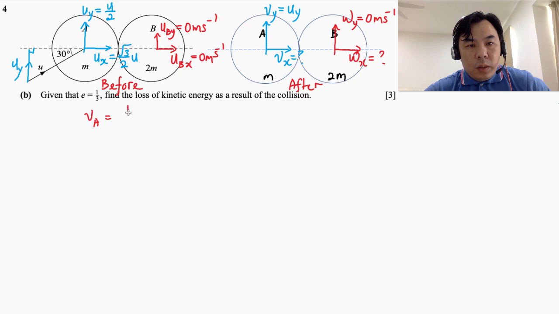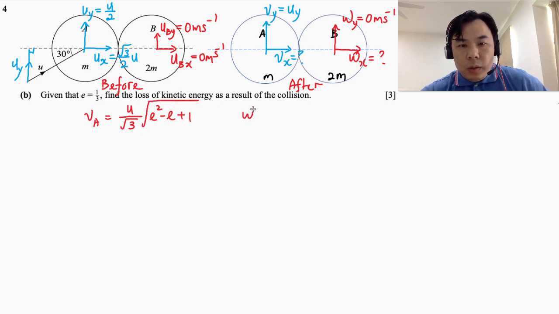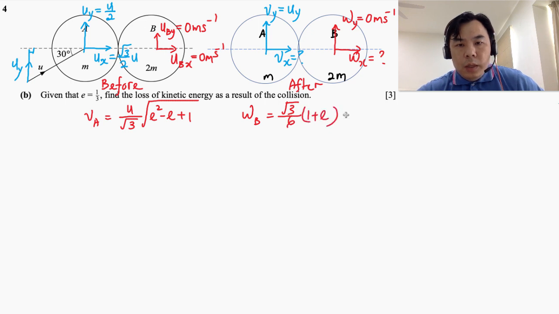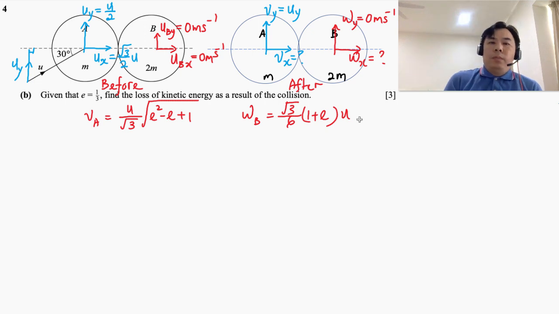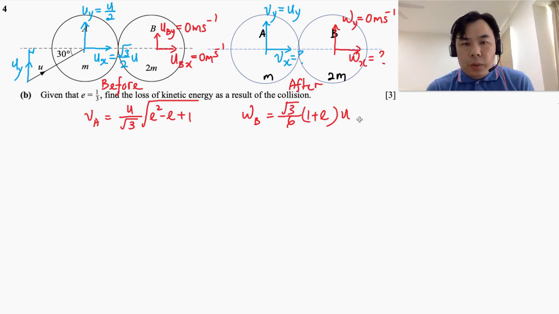It was u over root 3 times the square root of e squared minus e plus 1. And then we have also found out the speed of B after collision, which is 1 over 6, 1 plus e, u. Okay, these are all the informations that we have already obtained.